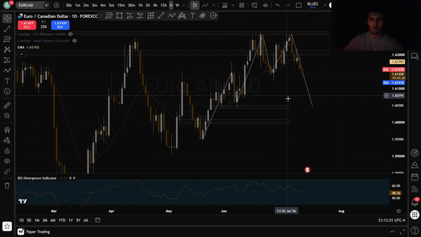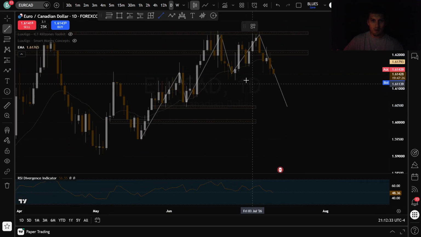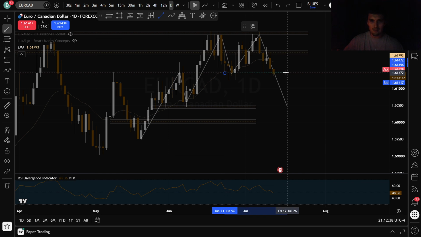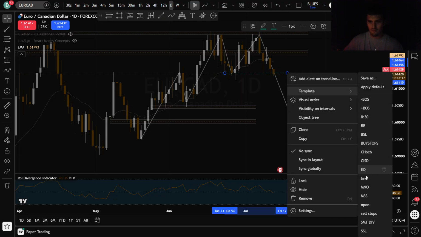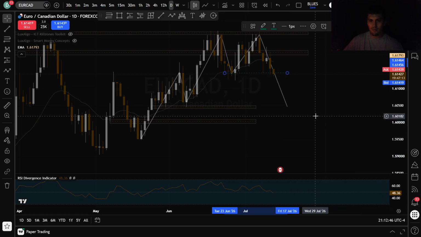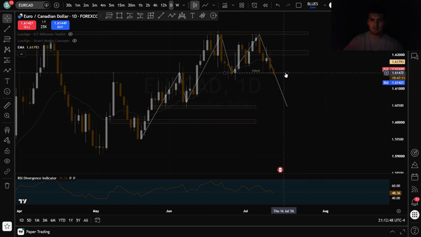So we do have a double top formation, and I'm waiting to see for us to close below this level right here. So we can just go to, I don't like that.